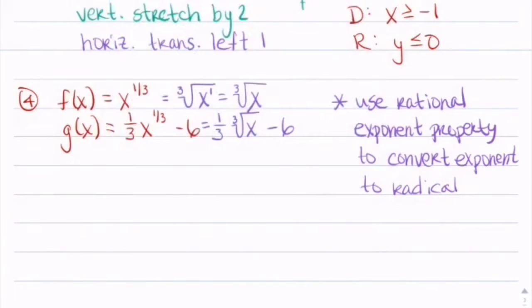So let's take a look at our actual transformations now. We've got a 1/3 out here in front, so it's outside of the radical, so that means it's going to be vertical. When we're vertical, fractions shrink, so we have a shrink by 1/3.